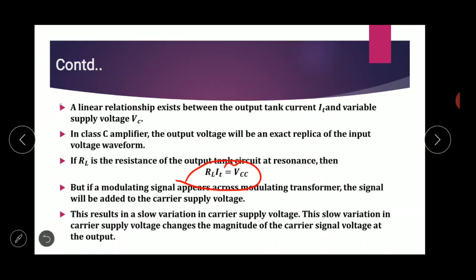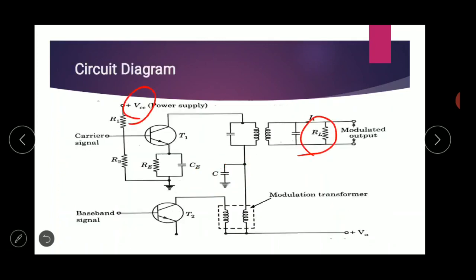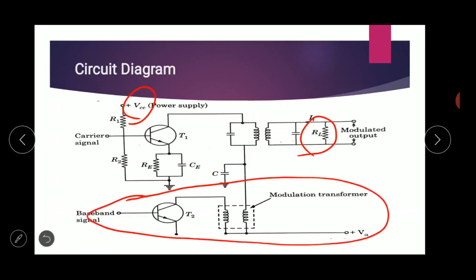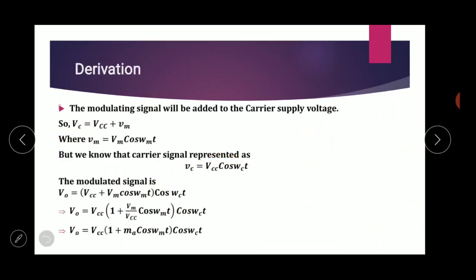During the absence of the modulating signal, the output voltage will be an exact replica of the input voltage waveform. But if the modulating signal voltage appears across the modulation transformer, this signal will be added to the carrier supply voltage Vcc. So when no modulating signal is given, the output voltage is an exact replica of the input voltage waveform.